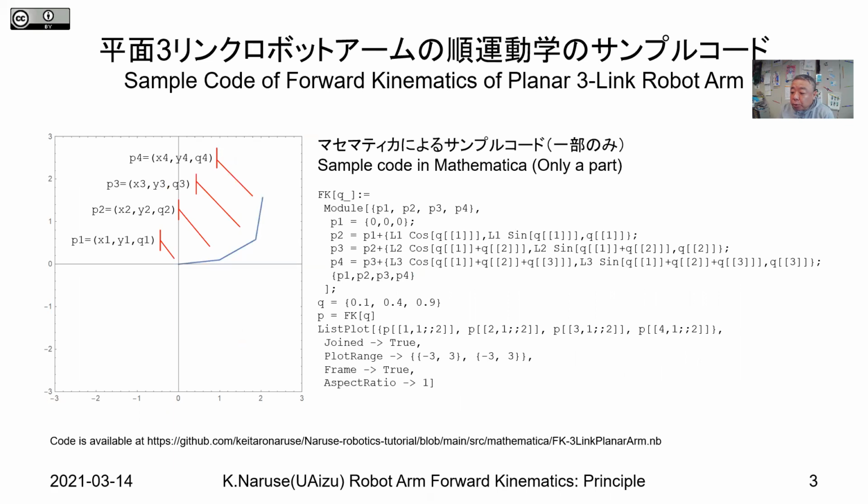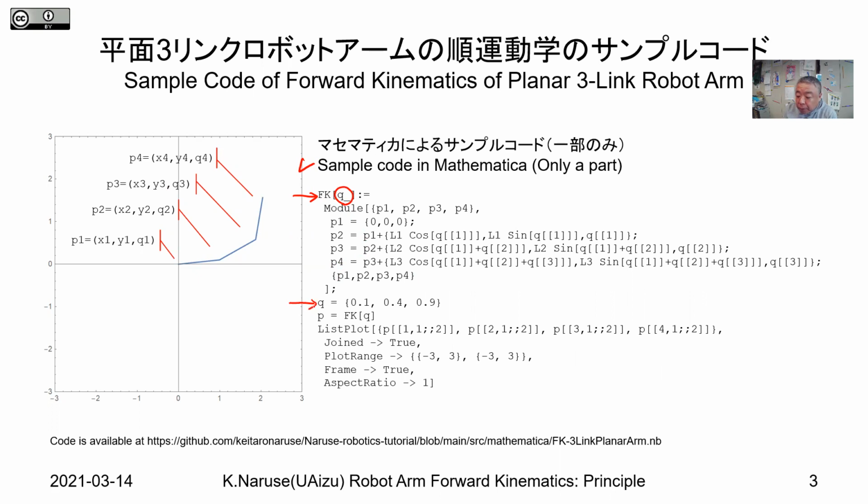Okay, now I'm going to show you how we make a function of the forward kinematics. And this is an example of the code in Mathematica, right? So we define this forward kinematics function as fk, and it has one input q.